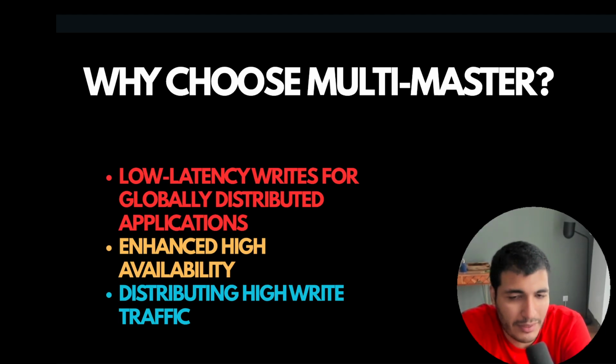With multi-master replication, you can strategically place master nodes closer to your user bases, one in North America, one in Europe, and one in Asia. Now, the Munich user writes to the master in Europe, experiencing much lower latency because we put a replica in Europe, closer to the user in Munich.